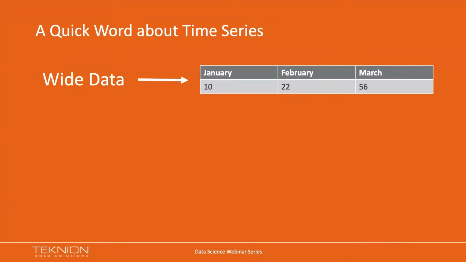I just want to talk a little bit about this, because selecting your model is all about what your dependent variable, your outcome variable, looks like. A lot of times when you have time series, your data comes in like this. It's what we call wide. Each column will represent, let's say, a different month in this case.